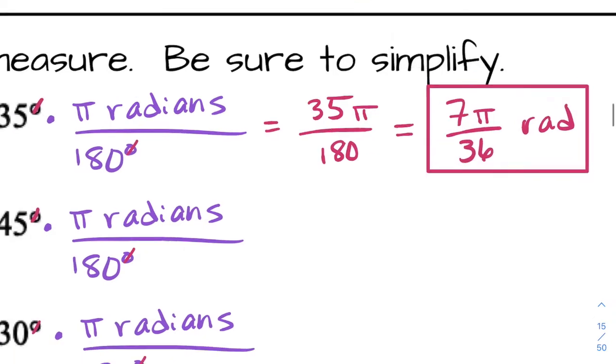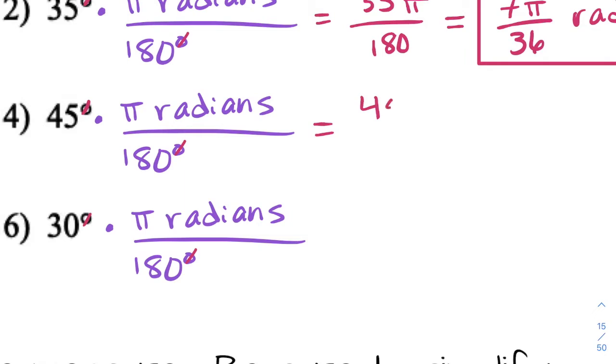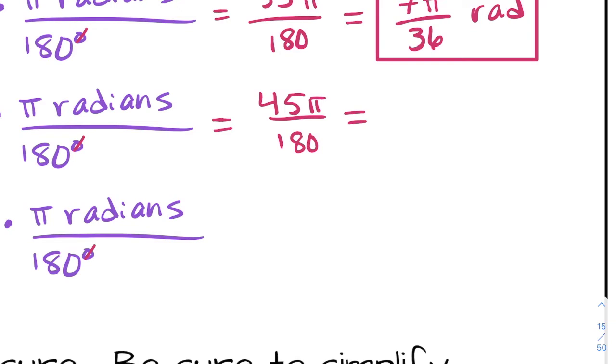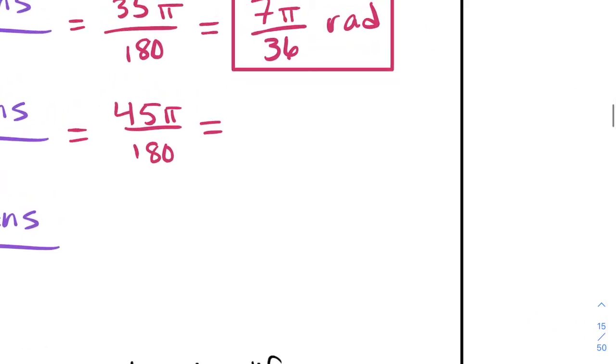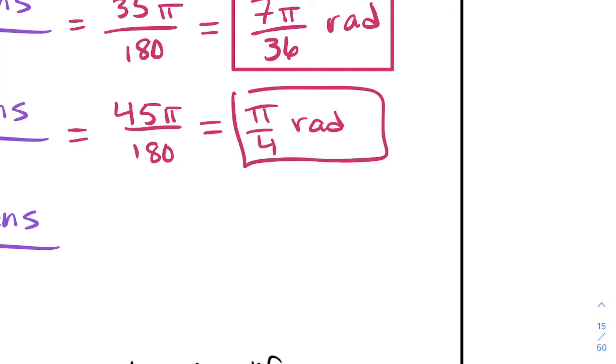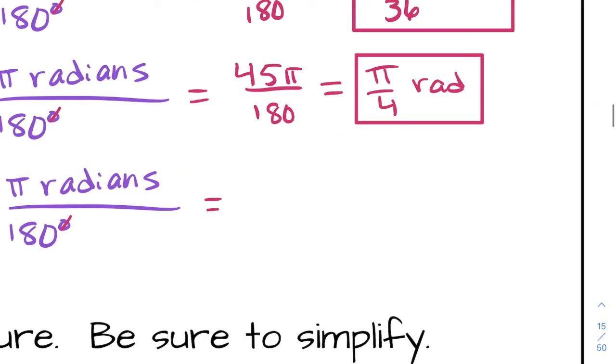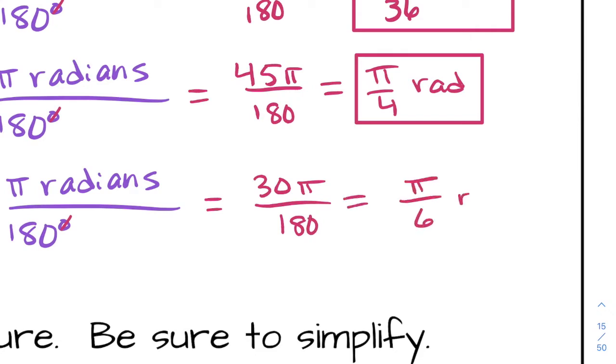And I hope by now you're bored and you can do these all on your own. 45 pi over 180 is equal to, both are divisible by 45, so it's actually going to be 1 pi over 4. So I'm just going to say pi over 4 radians. And this one is 30 pi over 180. So it's pi over 6 radians.